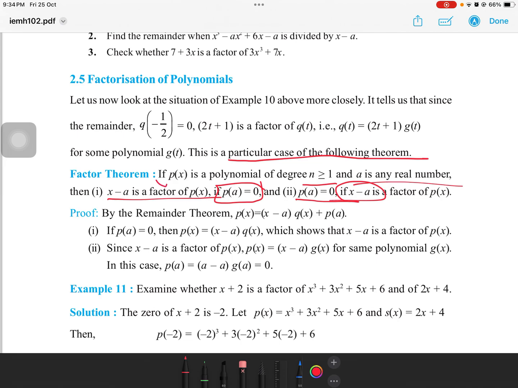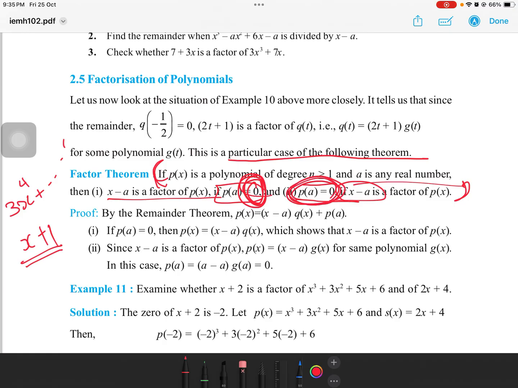Okay, now what does this statement actually imply? If x minus a, like in the previous example, x minus 1, it was x plus 1, is a factor of that polynomial, then obviously you will get a remainder 0.